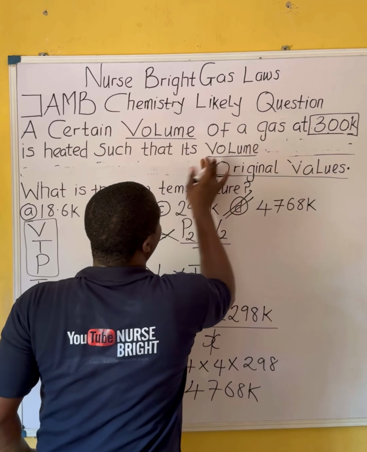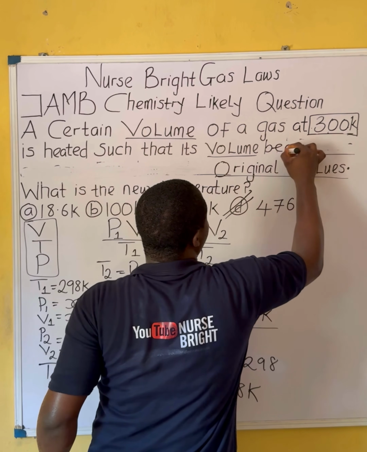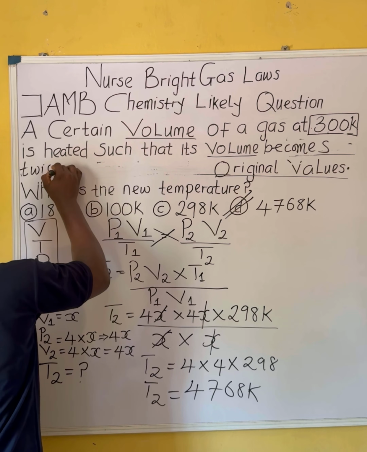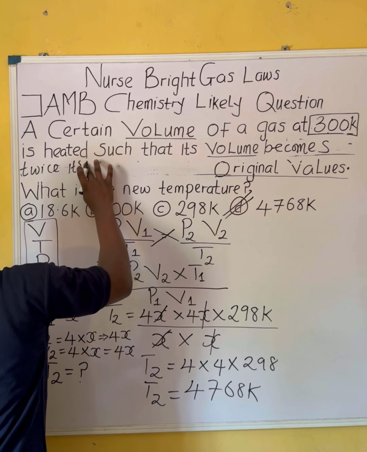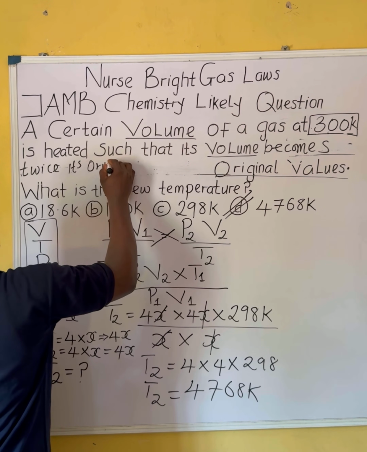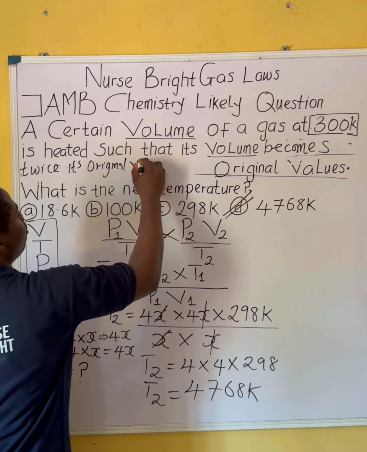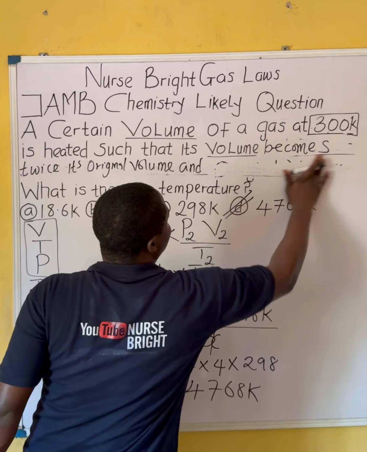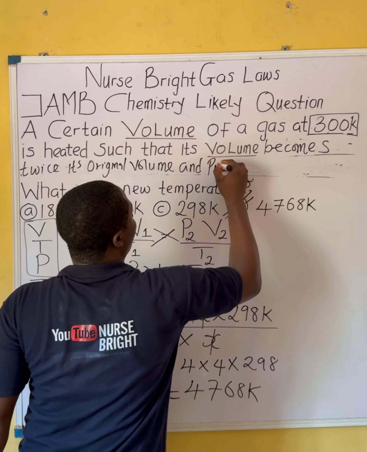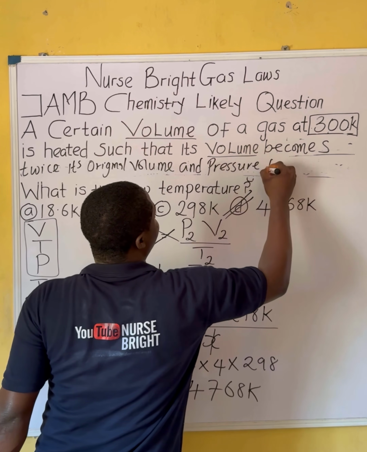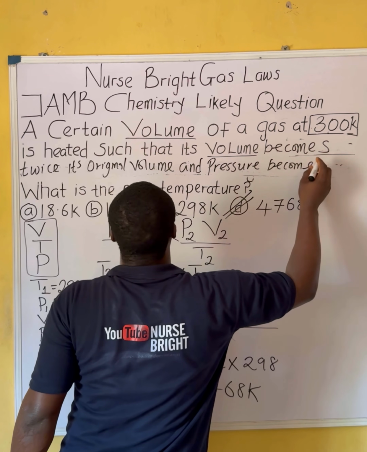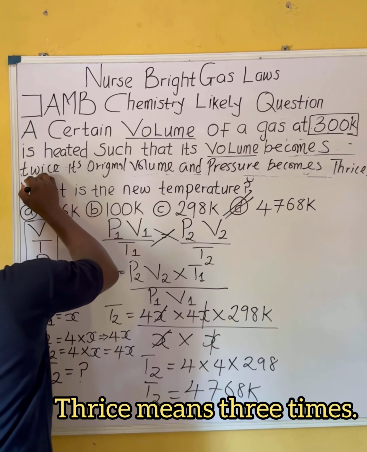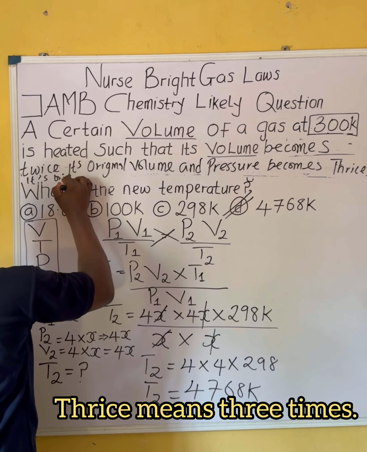Its volume becomes twice its original volume, and pressure becomes thrice its original pressure.